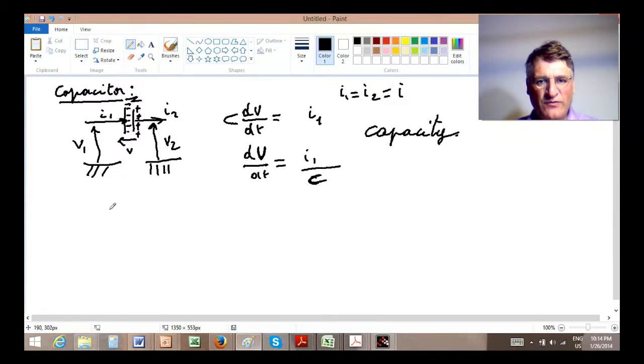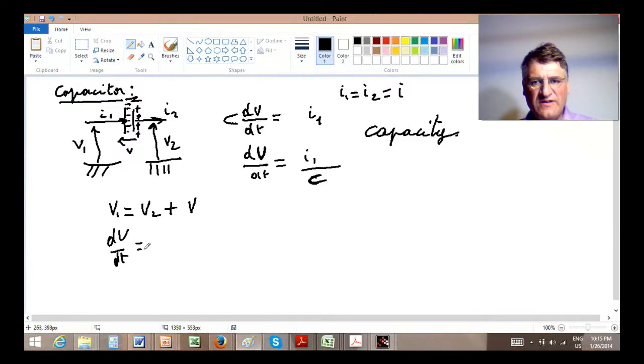Okay, so what we get is that V1 is equal to V2 plus V, and dV/dt is equal to I1 over C, which is I over C. And that's all we get, really.